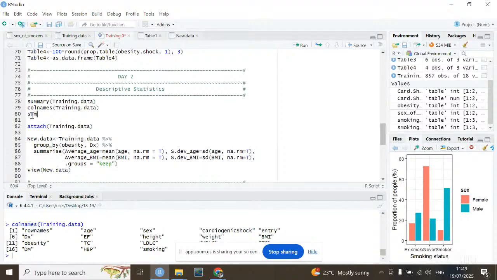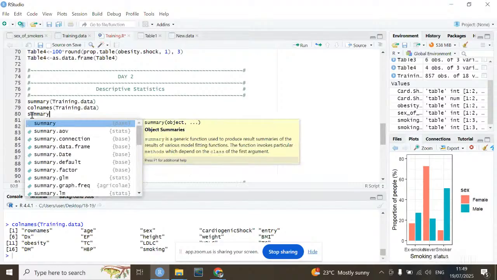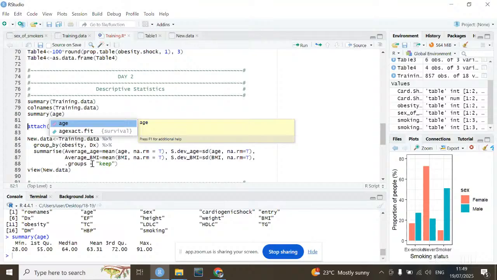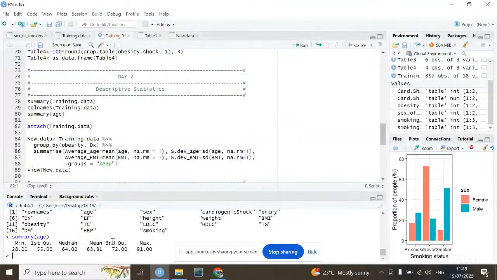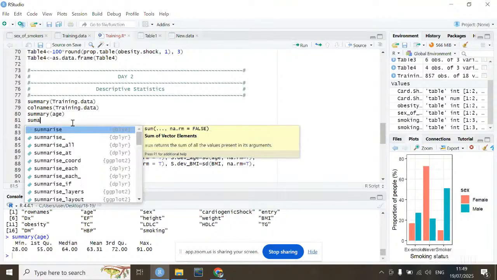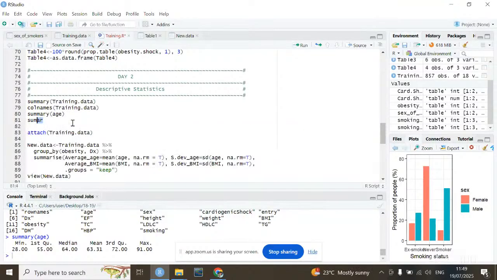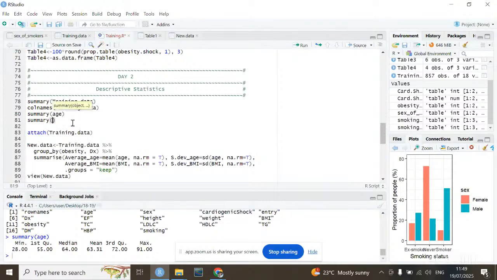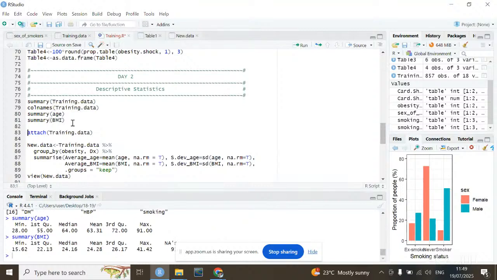We can just say summary for age, then we put age. It will bring for us the minimum, first quartile, median, mean, upper quartile, and maximum. If we want to do it for BMI, we can still do BMI. It will give us the same thing.